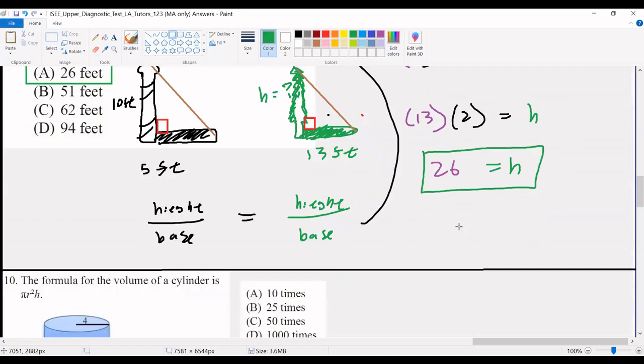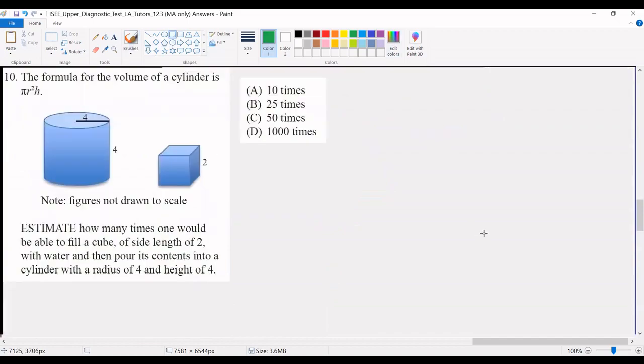Now, on to number 10. Number 10 reads as follows. The formula for the volume of a cylinder is pi r squared h. Sounds good? Now, we're given 2 pictures. Our figures are not drawn to scale, so that's something we should always expect.